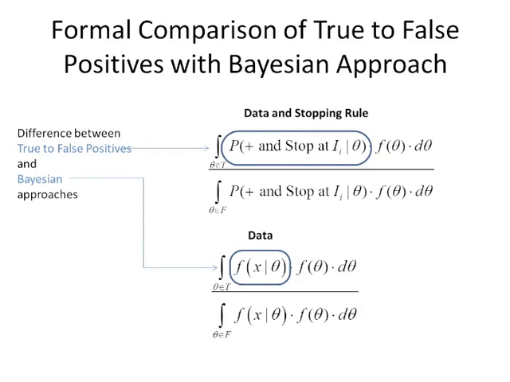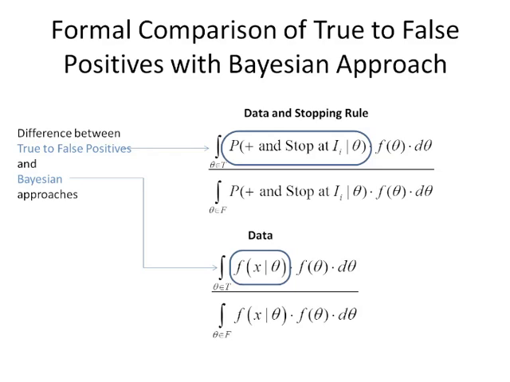So now on this slide, we have the two expressions we just developed for the ratio of true to false positives and the Bayesian approach. We have them here side by side for easy comparison.